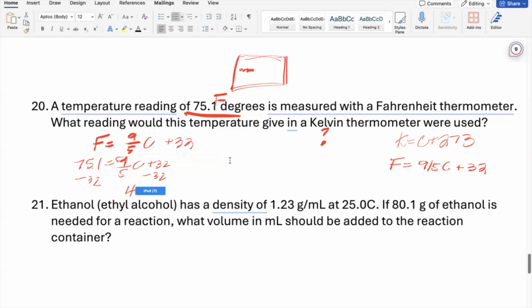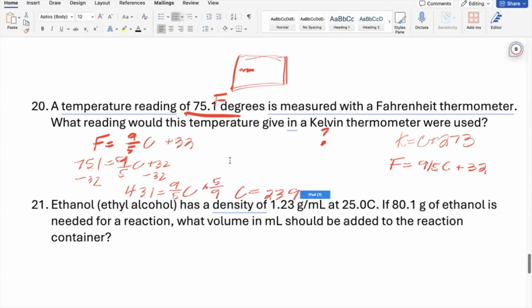So we have now 43.1 equals 9/5 C. And then to get C by itself, I'm going to multiply by the reciprocal, so times 5/9. And so I get C by itself equals 23.9.